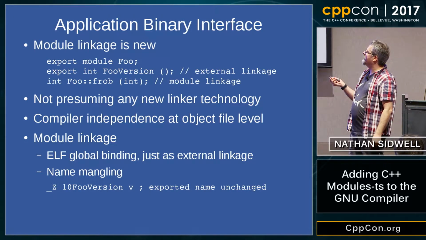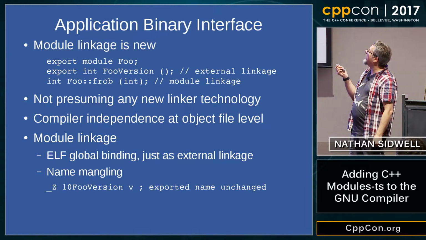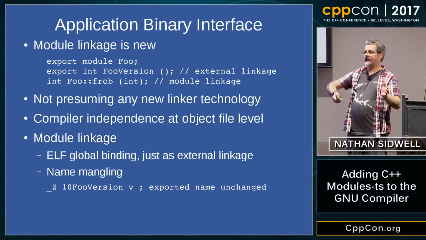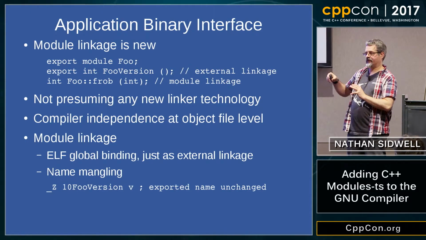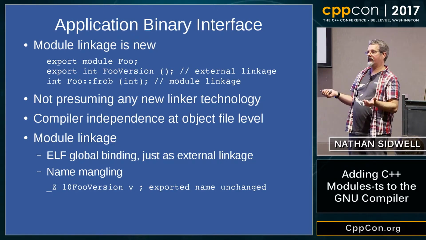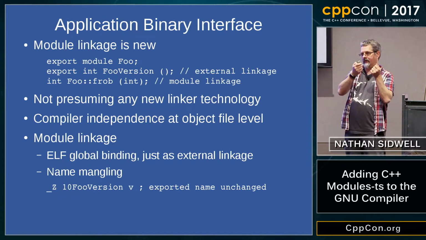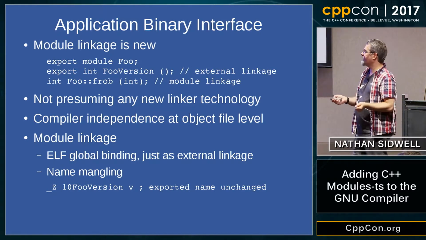So this is the current mangling for this exported function. And we're not changing that. So that means the bottom right corner that I showed you in the previous slide still works. Exported things have the same mangled name as they would have in a non-module world.